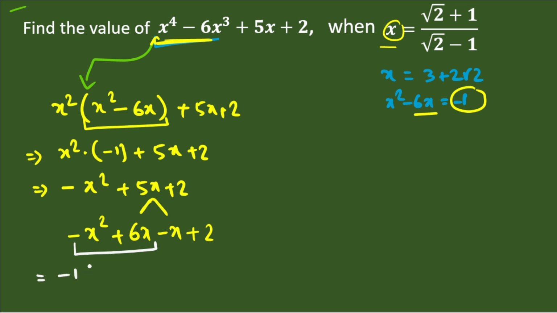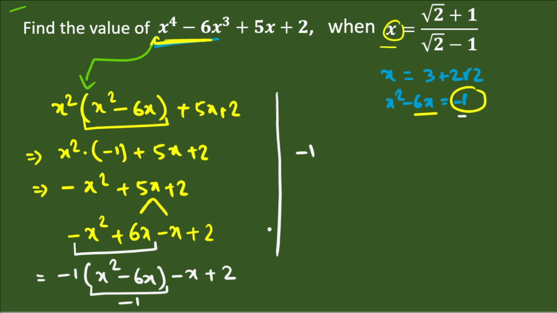The remaining is x square minus 6x, and this term as it is, minus x plus 2. Now the value of x square minus 6x is negative 1, so we'll write negative 1 multiplied by negative 1, and here it is negative x plus 2. Negative, negative is positive, so we'll write plus 1 minus x plus 2.